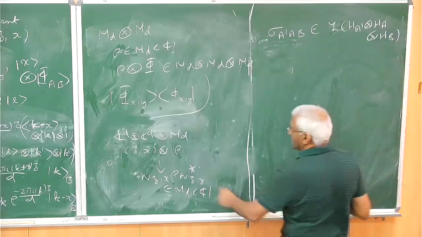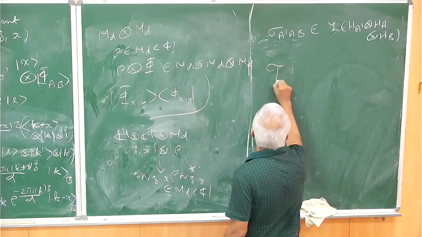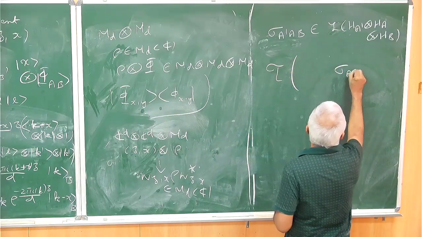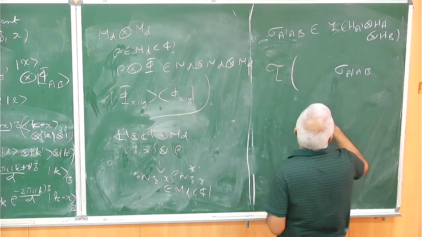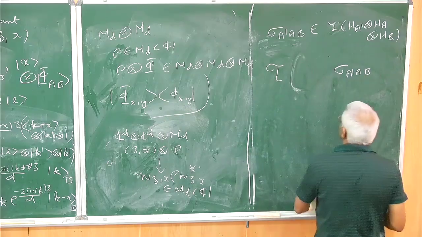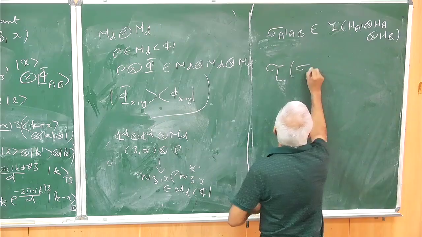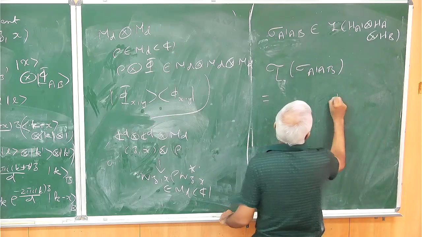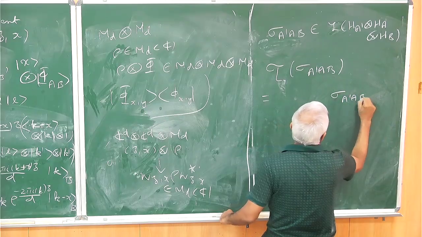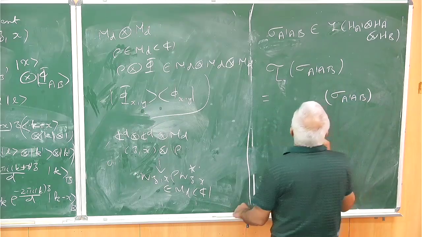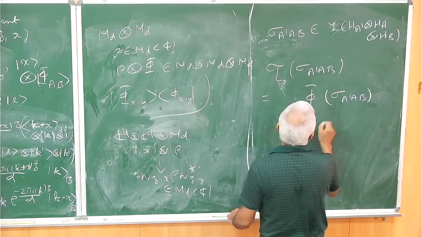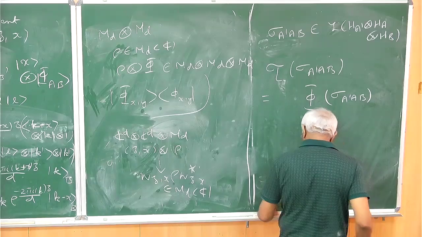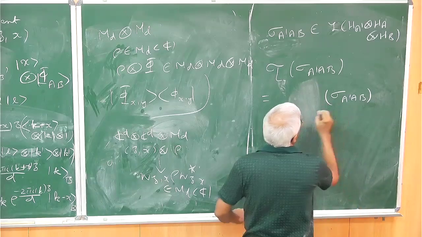The whole map, call it tau, the teleportation map, is you take sigma A prime AB, then you are going to take the measurement.